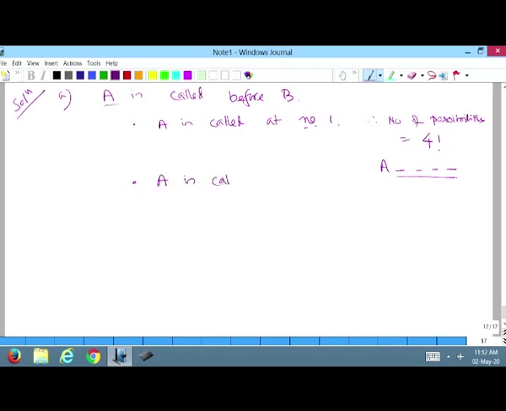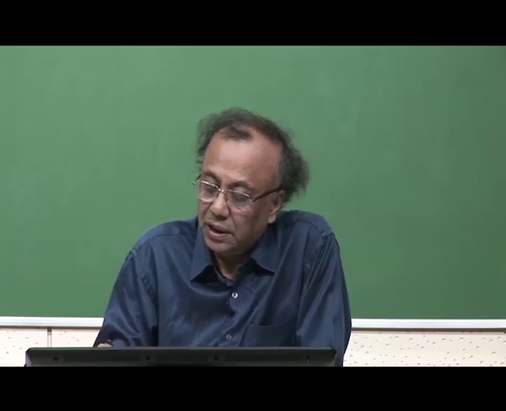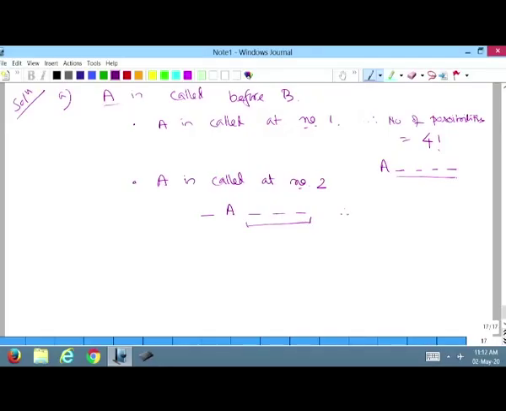A is called at number 2. Therefore, B has to come in one of these positions. Out of C, D, E, one is chosen and put here.